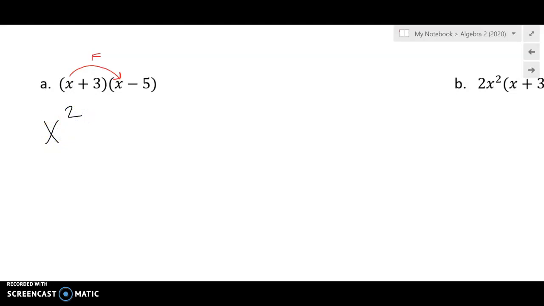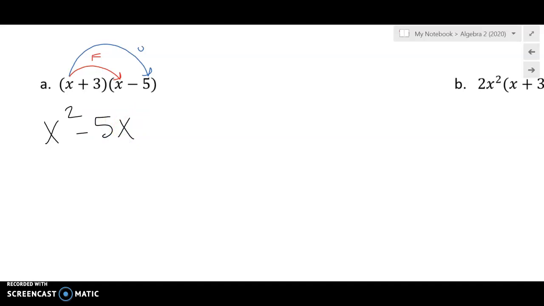Then I do O, which would be outside terms, and I'll put a little O for outside. And then I multiply them. So x times minus 5 is negative 5x.